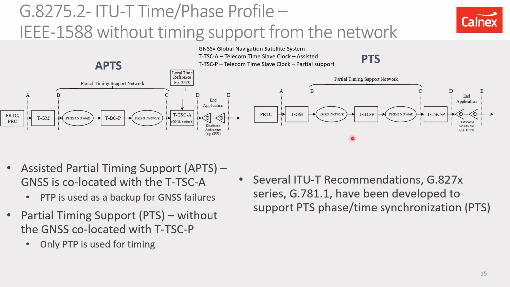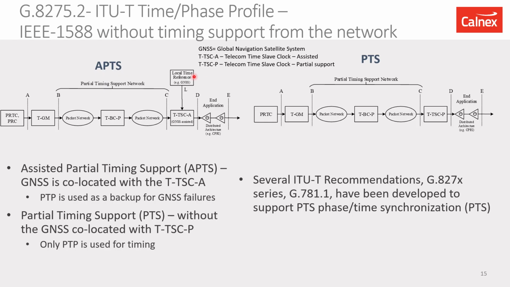Due to that, a second profile has been specified by ITU-T, the so-called PTP profile without timing support from the network, and this is specified in G.8275.2. And as part of these studies, in 8271.1 it was also provided the requirements in terms of packet delay variation that can be acceptable in those networks.